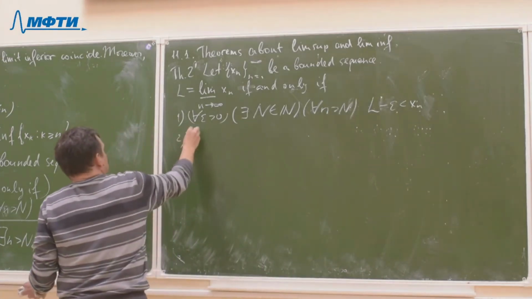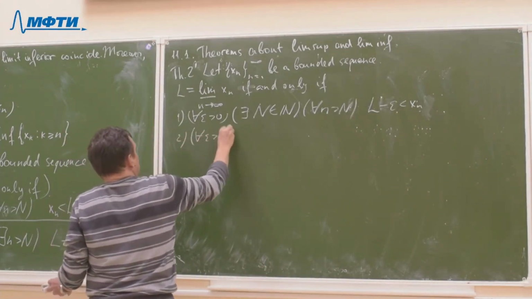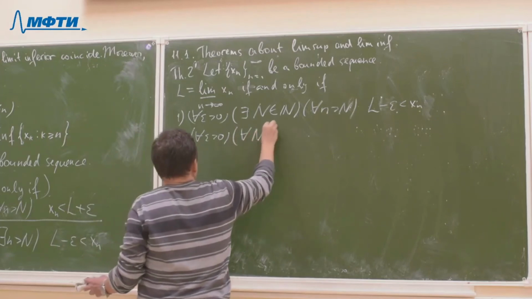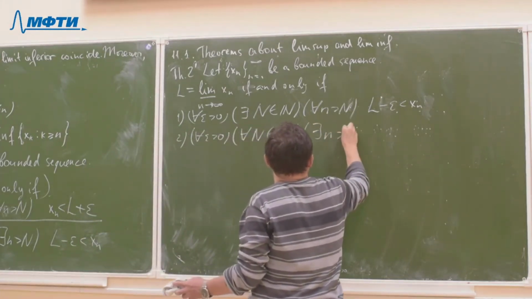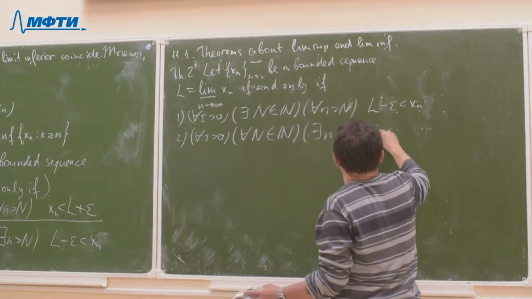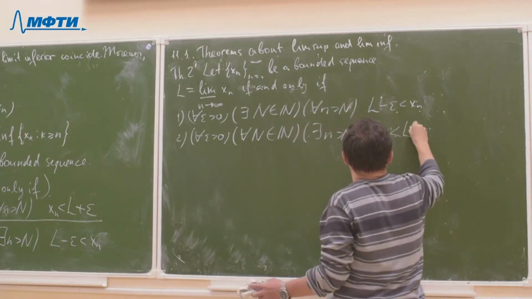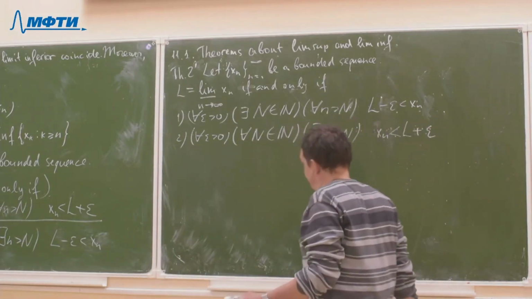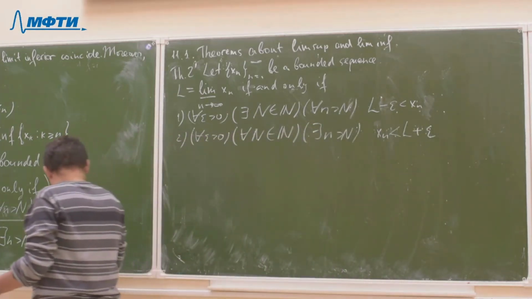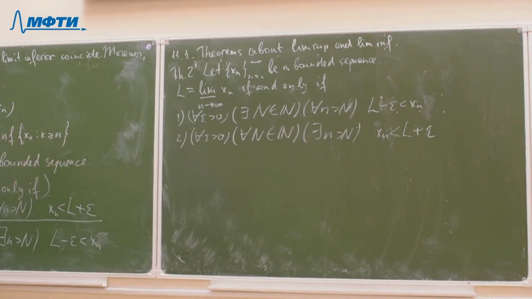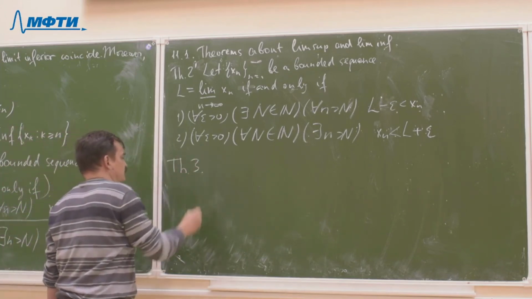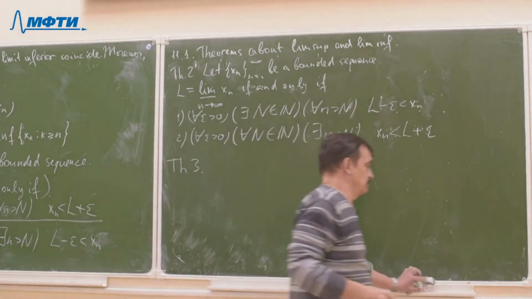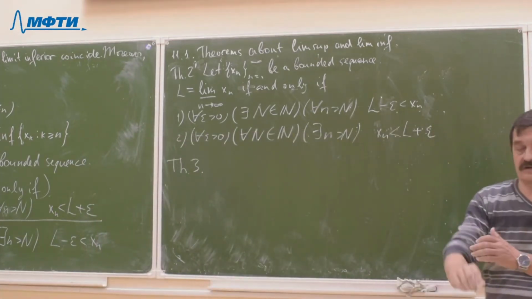And second, for arbitrary epsilon greater than 0, for arbitrary natural N, there exists n greater than N such that x_n is smaller than L plus epsilon. Again, the proof is analogous.